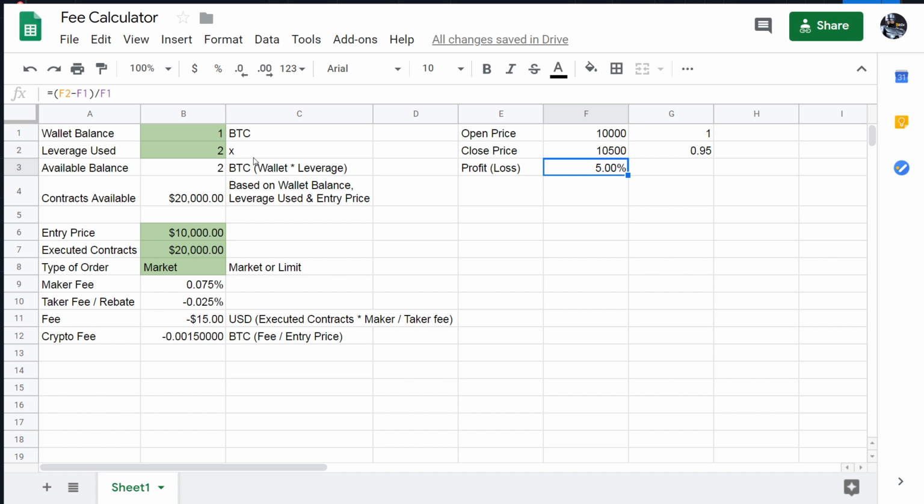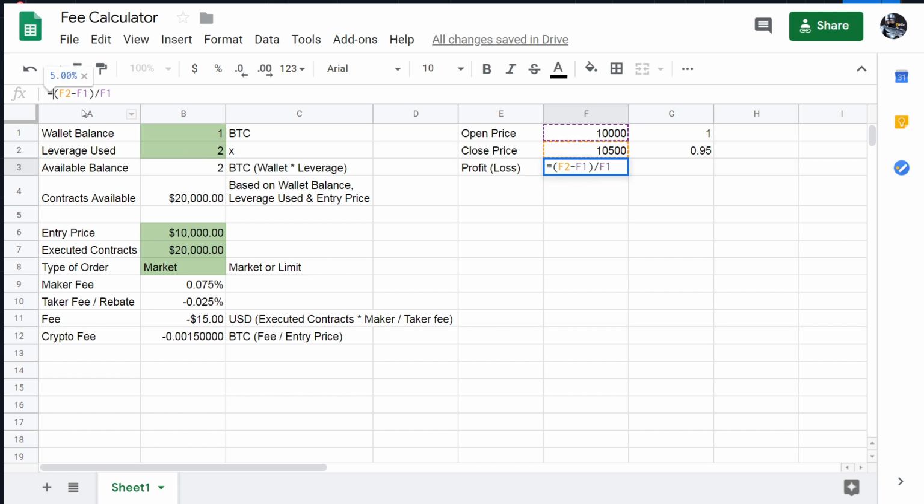But now if I'm doing this on 2x, I'm now making 10% because I am using twice the amount of money that I actually have. If I've got 1 Bitcoin and I'm making a $20,000 position, I'm doubling my proceeds and I'm doubling my losses as well, which is why leverage trading can be extremely dangerous. So this 5% is now multiplied by 2, by whatever leverage that I'm using.